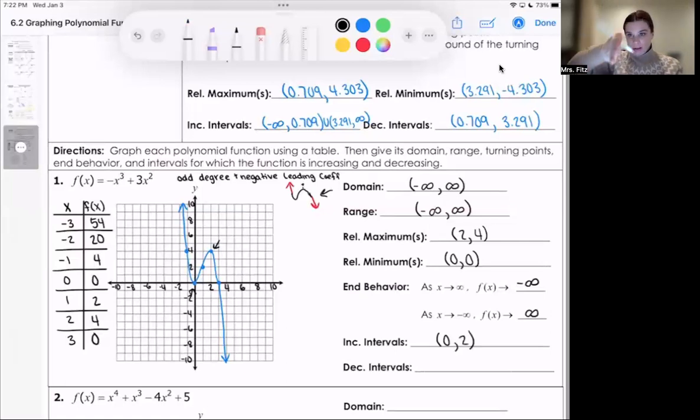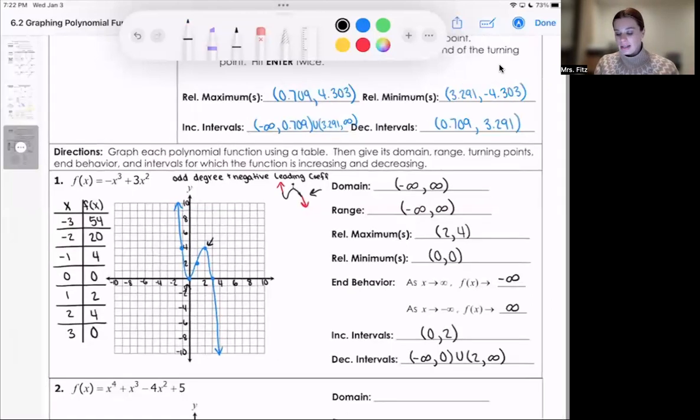Decreasing, remember it's where my finger goes down as I trace from left to right, would be from negative infinity to 0, since it stops decreasing at that minimum, but then it starts decreasing again after 2 all the way to infinity. Okay, so that is the step-by-step how to graph a polynomial using a table.